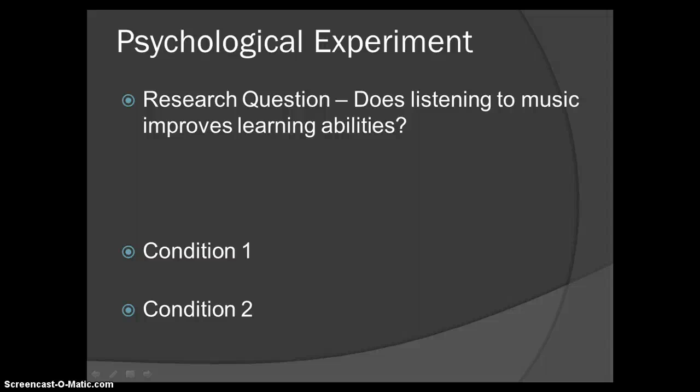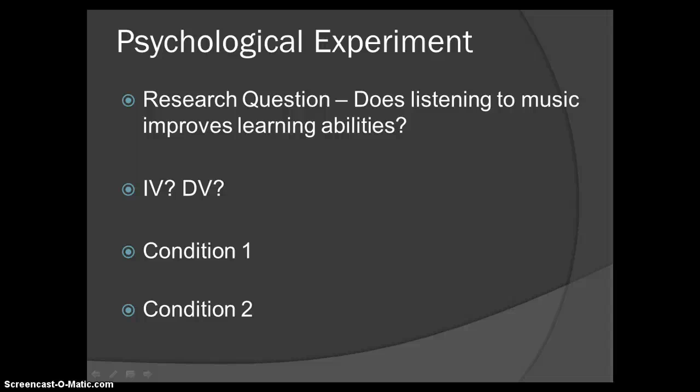Another example, your research question is, does listening to music improve learning ability? Your independent variable is music, and your dependent variable is learning abilities.